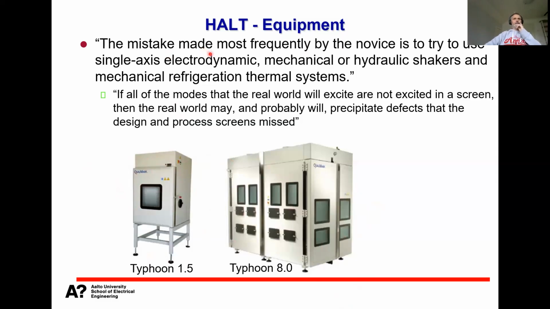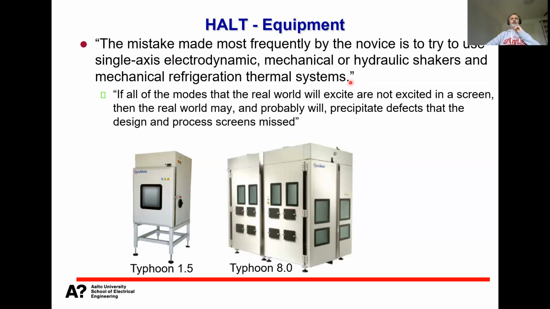What they claim is the good thing with these kinds of chambers is that the typical mistake, which is frequently done, is to try to use single axis electrodynamic or mechanical or hydraulic shakers with mechanical refrigeration thermal systems.